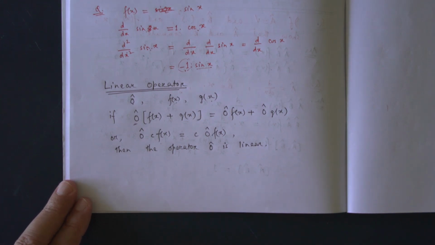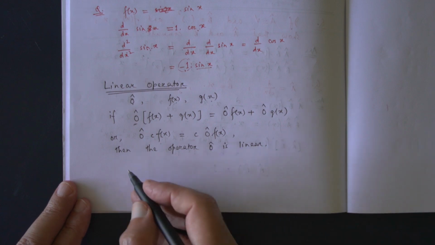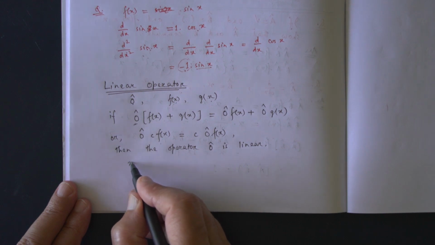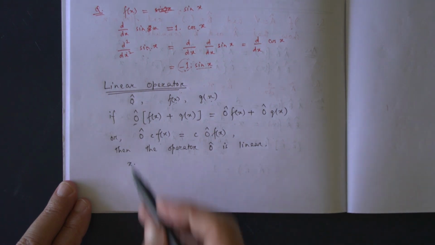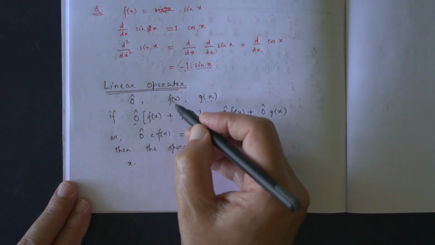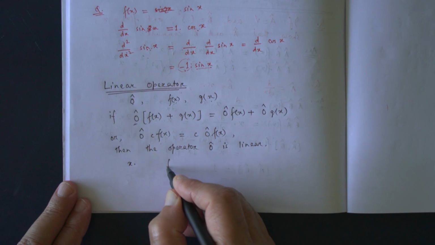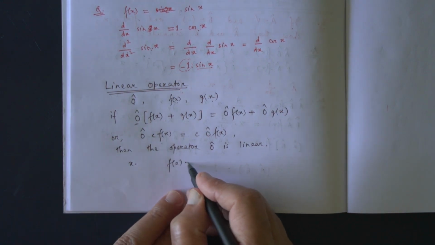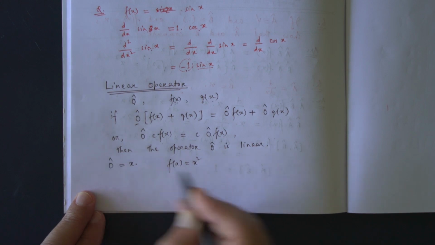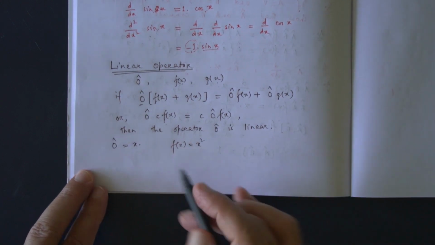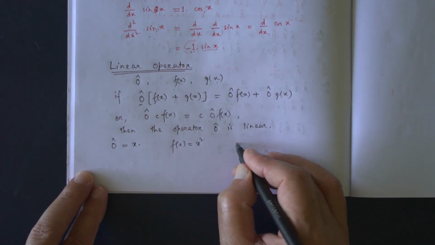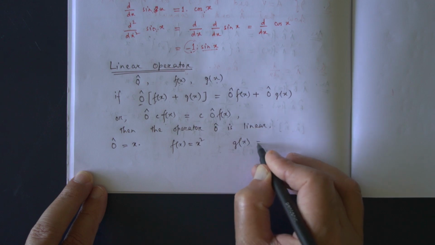For example, say multiplication by x. What is the operator? Multiplication by x. Let f(x) equal x square, and g(x) equal x cube.